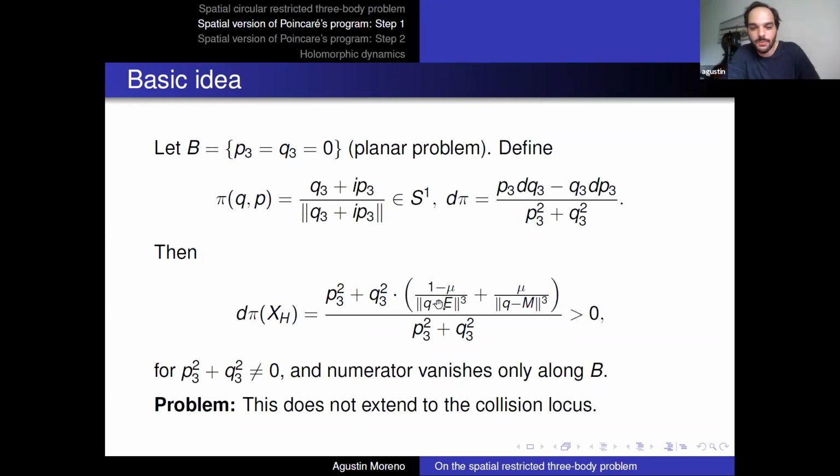If you have Q equals C or Q equals M, this expression here explodes, right? So this computation in principle does not work over the collision locus. And we do know that it cannot ever be extended this naively to the collision locus, and I'll tell you why. But in principle, this is the basic idea. And this works for any energy. There's no restriction on the energy for this computation.